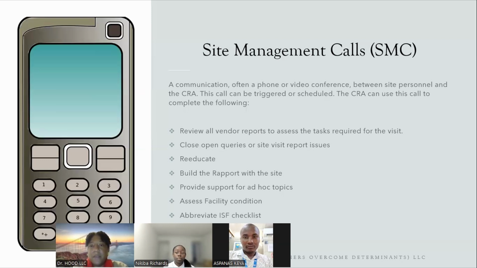I need you to send me the investigator's brochure acceptance form, and I'll go ahead and get that filed, because they're going to implement that protocol amendment. If the PI has signed and the IRB has approved, they're going to implement that new protocol. And if it's going to be a long time before you come back on site, you want to make sure that they documented those things correctly before the implementation takes place.